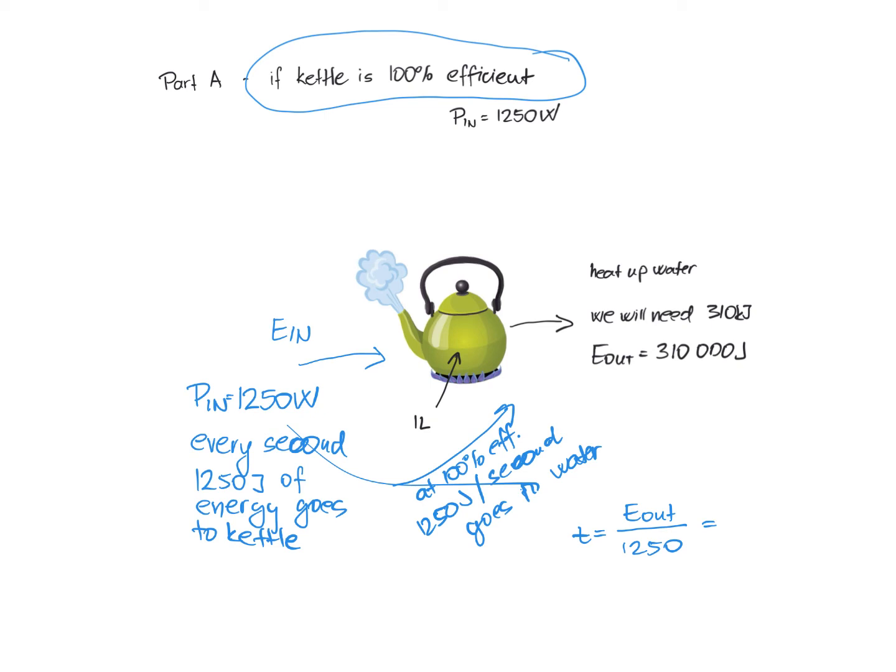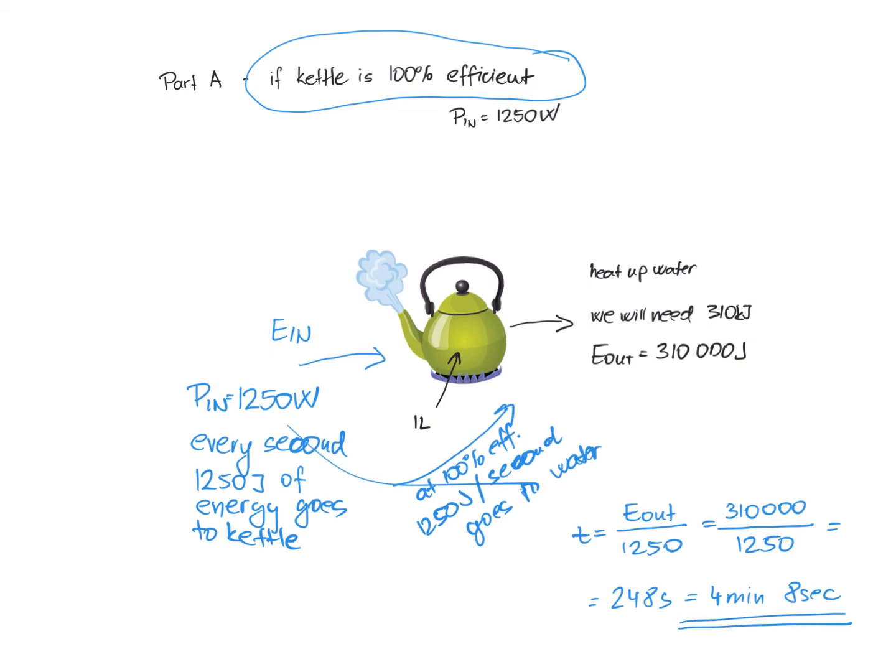And if I do this, that means I have 310,000 over 1250, which is equal to approximately 248 seconds, which means that would give me about 4 minutes and 8 seconds to heat up this water, right?